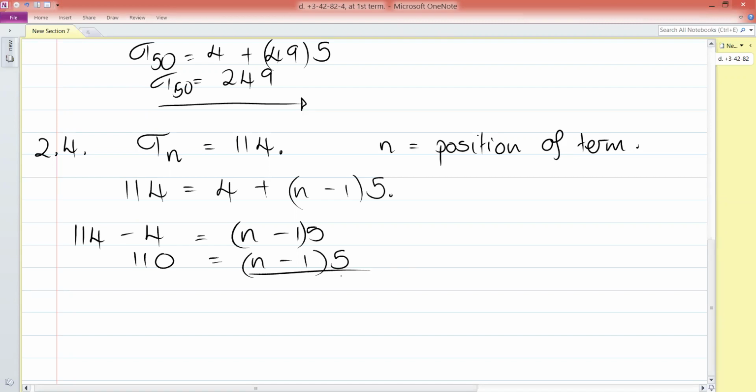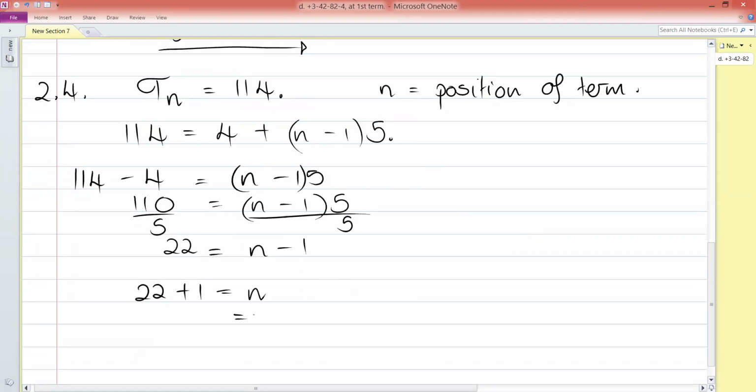So that means we need to divide by 5 both sides. N minus 1 is what you're left with there. 110 divided by 5 gives us 22. So n for this particular question is going to be 22 plus 1, which gives us 23. Any questions related to this type of question?